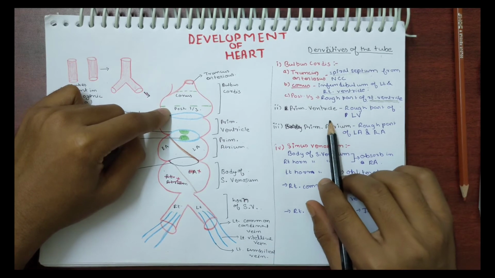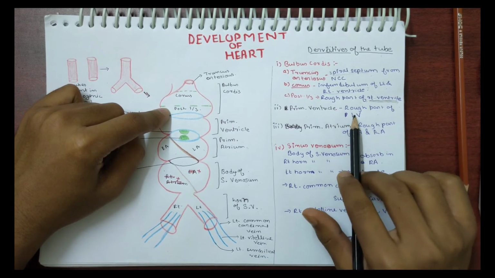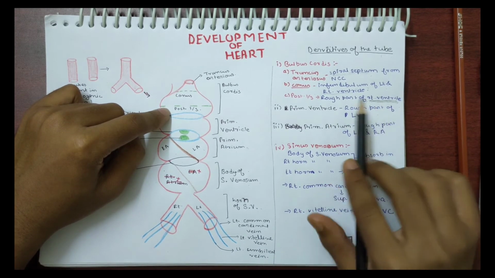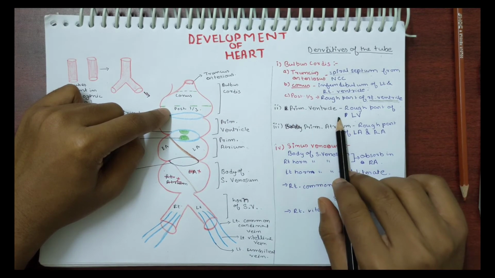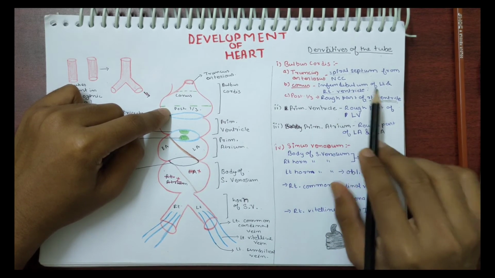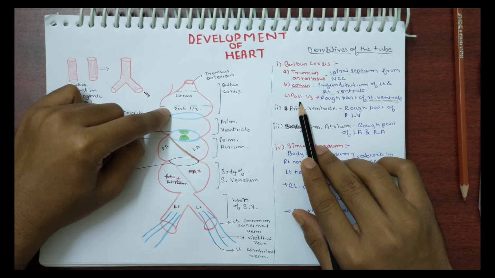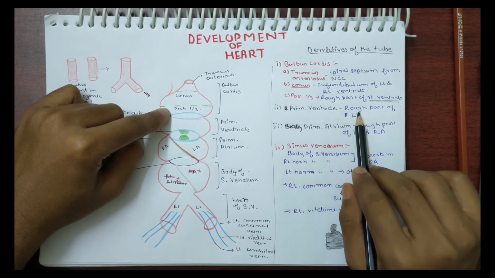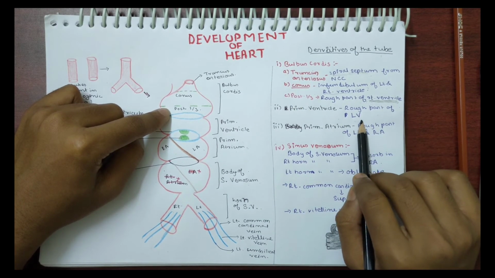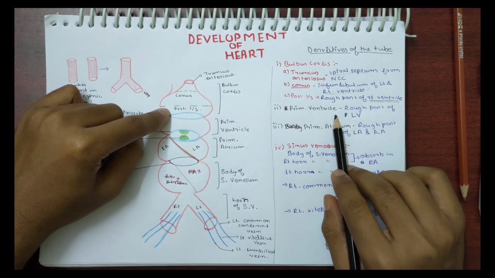Then what about the rough part of the left ventricle? Again, the rough part of the left ventricle will be formed by the primitive ventricle. Right ventricle, posterior 1/3 of the bulbus cordis, and left ventricle from the primitive ventricle.